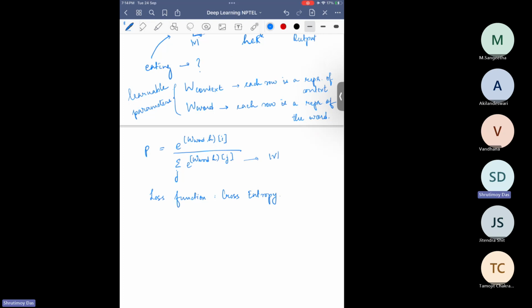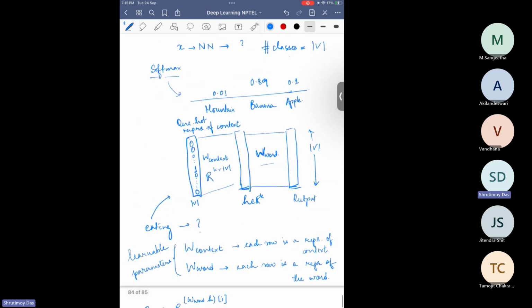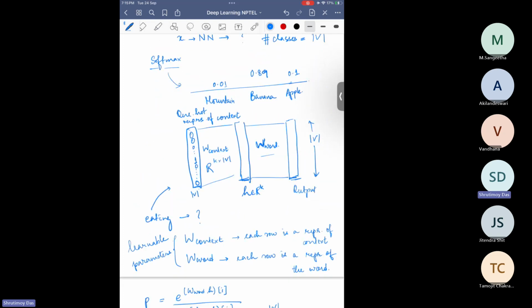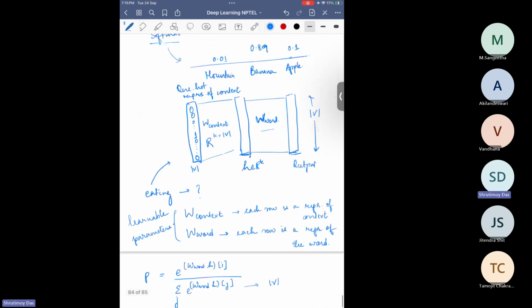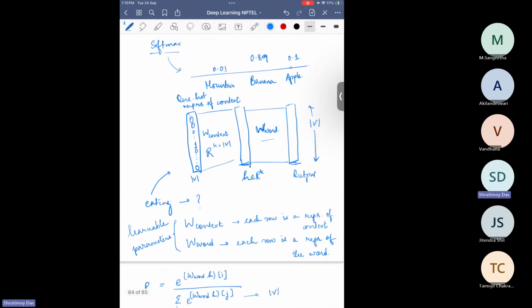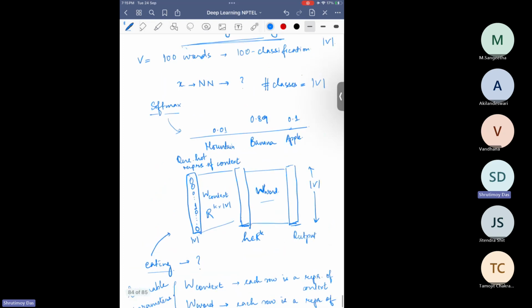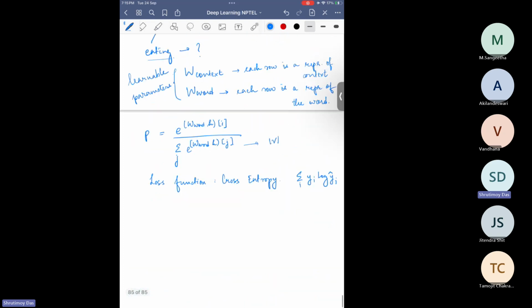Cross entropy basically had this summation of yi log yi hat, and you have to maximize this or minimize the negative of this. In this case, when we are talking about eating, you know that your output banana should be 1 and all others should be 0.